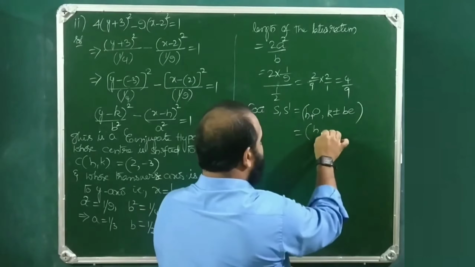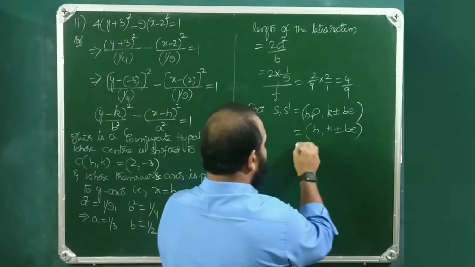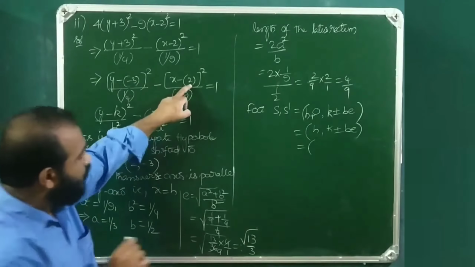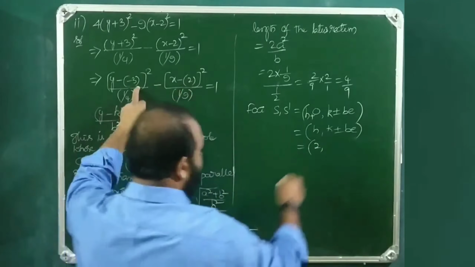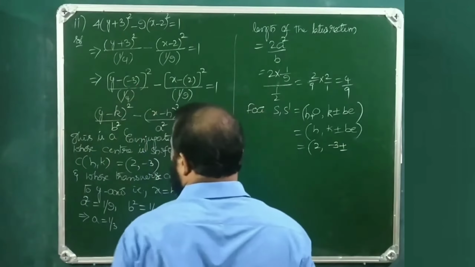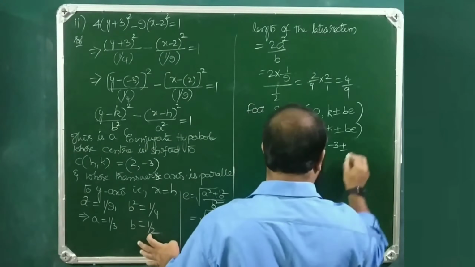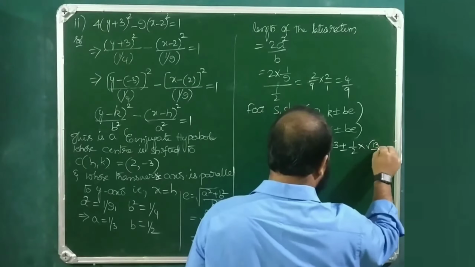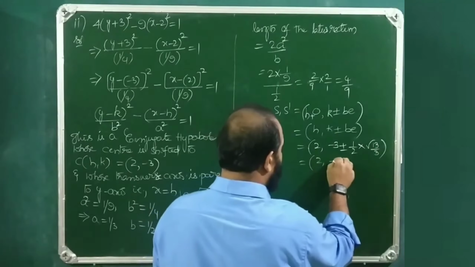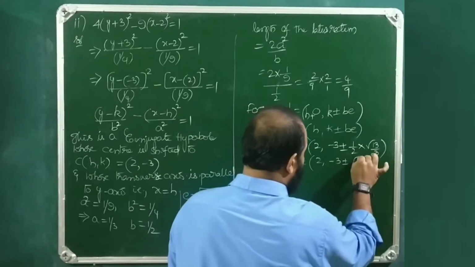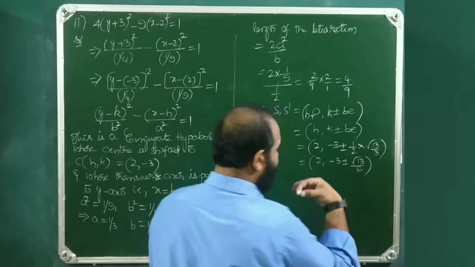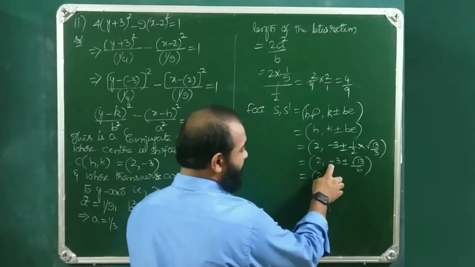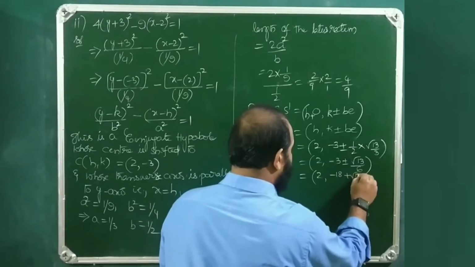So this is h comma k plus or minus be. h is 2, k value is minus 3 plus or minus, the value of b is 1 by 2 into the value of e, which is root 13 by 3. So this is 2 comma minus 3 plus or minus root 13 by 6.